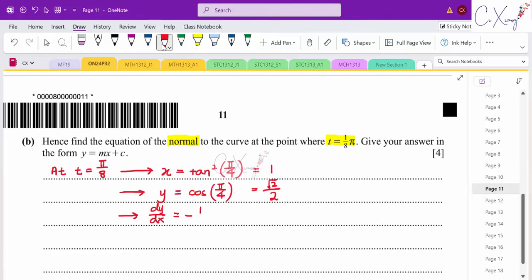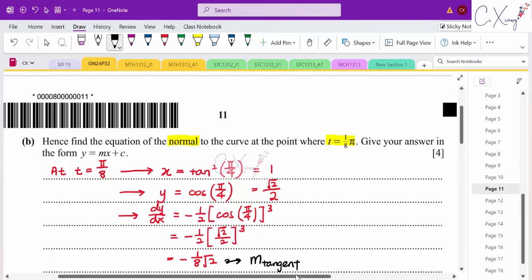It should be negative 1 over 2 cos cubed 2t, where cos 2t is cos pi over 4, with the cube outside. Simplifying dy/dx here, you should have root 2 over 2, cubed. Simplifying further, you should have negative 1 over 8 root 2. You need to know that this is actually the gradient of the tangent.